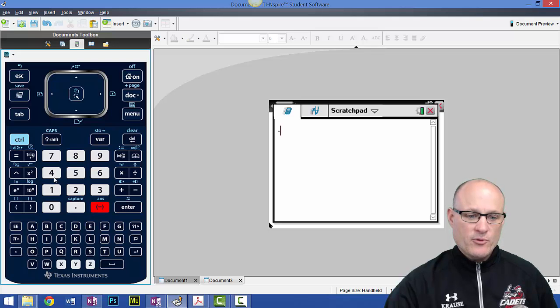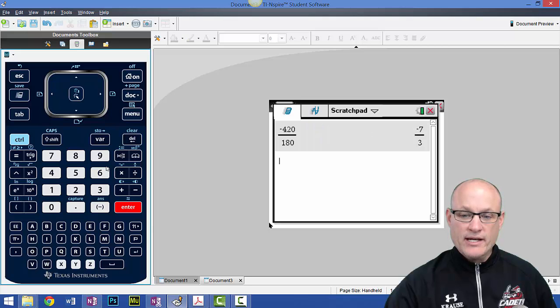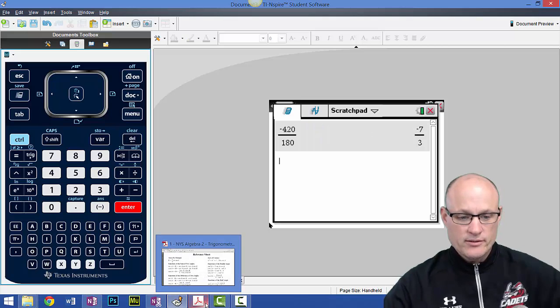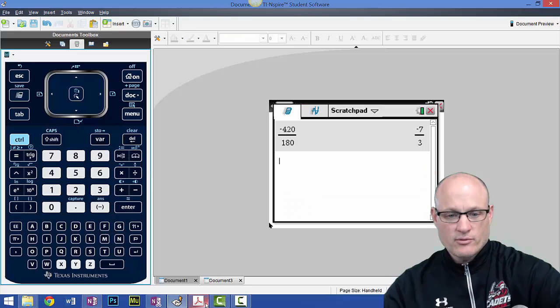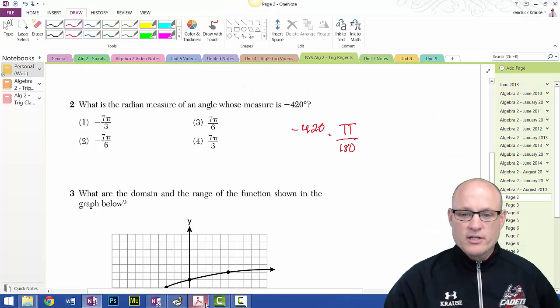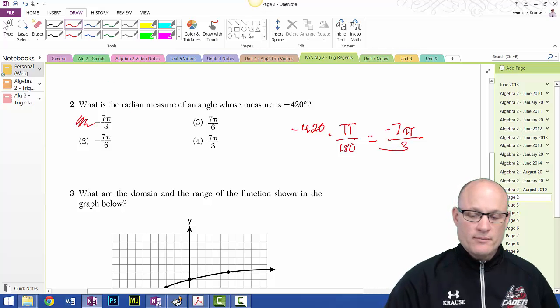And we got negative 420 divided by 180. And that will give us our fraction that we want. Negative 7 over 3. So this actually turns out to be equal to negative 7 pi over 3. Choice 1. Moving on.